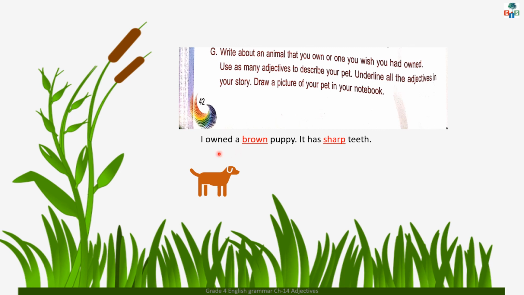For example, I owned a brown puppy. It has sharp teeth. Now here I have used the words brown and sharp. These are adjectives which describe my pet. So here in your notebook you have to draw the picture of your pet also, and you have to write about your pet using the adjectives.